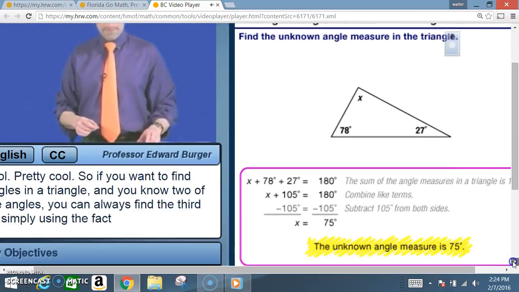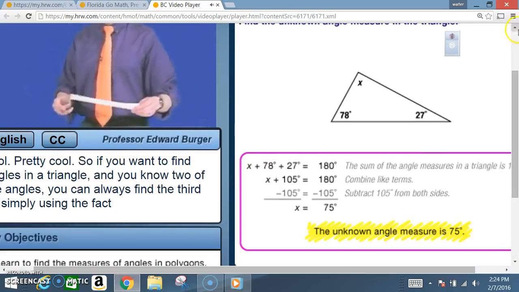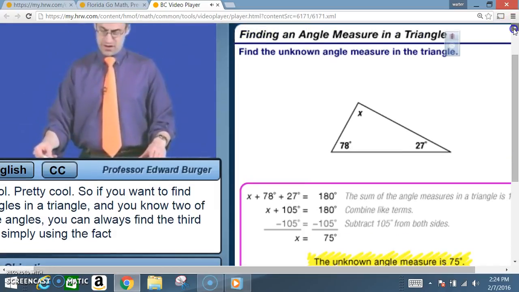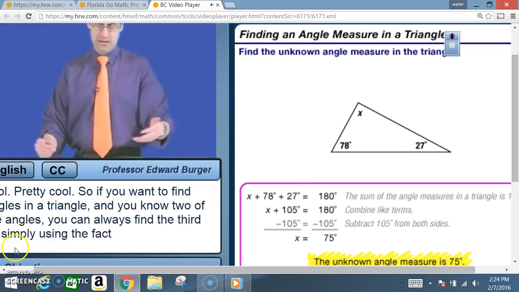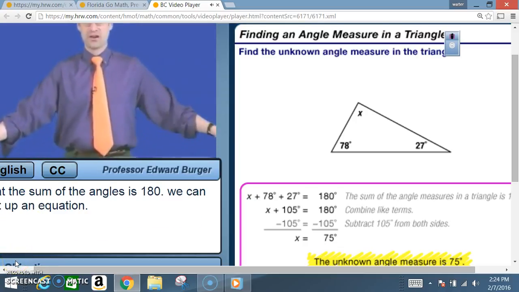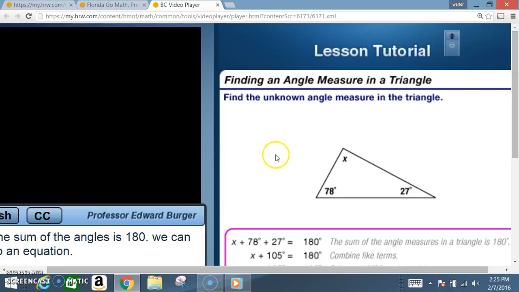Pretty cool. So if you want to find angles in a triangle, and you know 2 of the angles, you can always find the third by simply using this fact that the sum of the angles is 180. We can set up an equation. He did a pretty good job of explaining: when you add the sum of the angles in a triangle, it must equal 180 degrees.